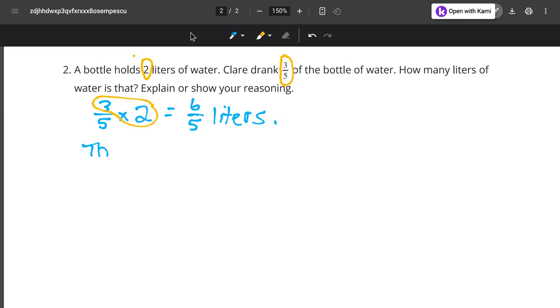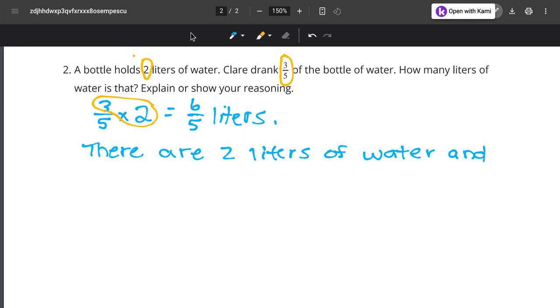We can say that we understand there are 2 liters of water. Notice I'm restating, I'm using the context of the word problem. And now let's think about that 3/5, and she had 3/5 of the water.